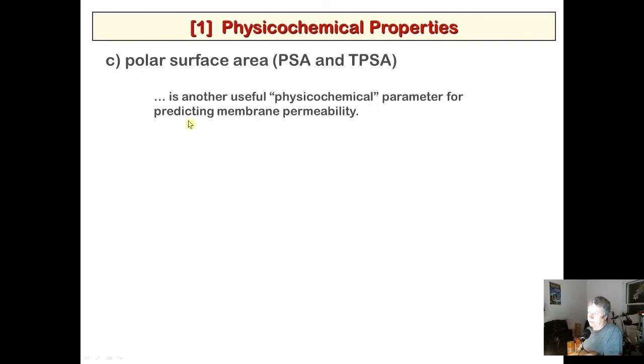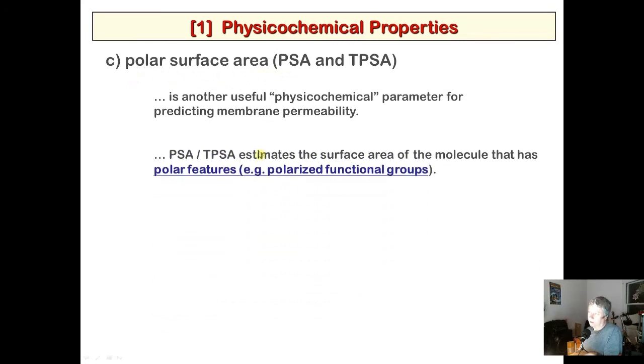And it's used to predict membrane permeability, which makes sense, because if you have a very large polar surface area, then you would think a molecule might not transition through a membrane very readily. So it estimates the surface area of the molecule that has polar features, like polarized functional groups, like hydroxy groups and ketones and things like that.